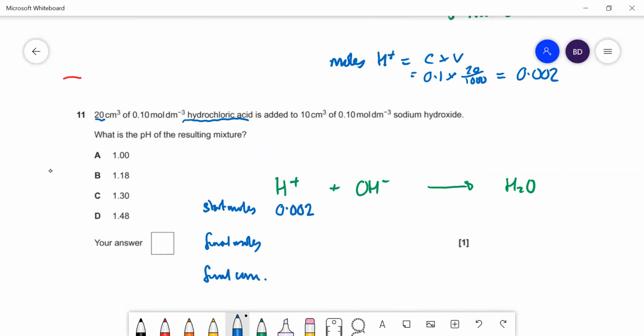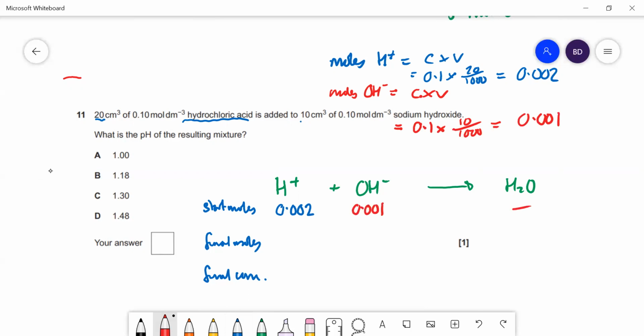The sodium hydroxide, well, that's going to be moles, conc times volume. So concentration 0.1 multiplied by 10 over 1,000 this time, 0.001. Okay, so we can see that the acid is in excess there.